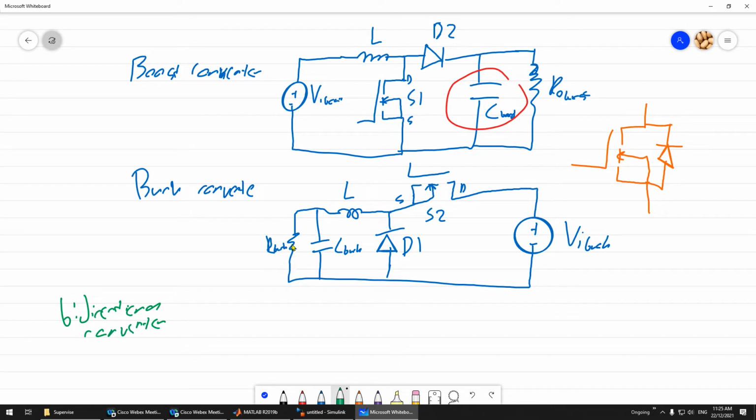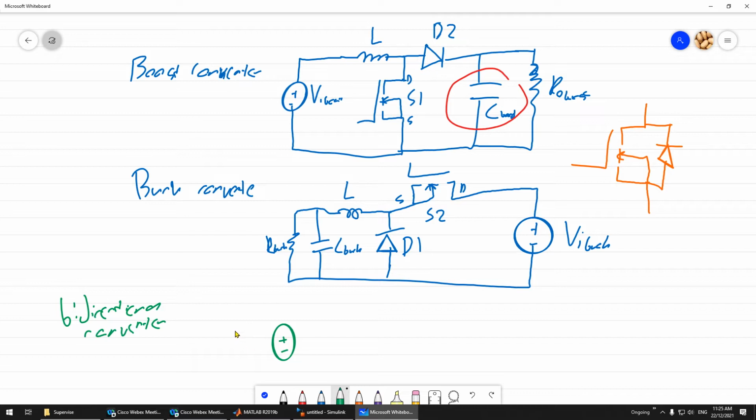You can use resistance, but when you do a bidirectional converter, you cannot supply the power. If you use a voltage source, you can either supply the power or generate the power. So that's why I suggest you use a voltage source. So we just take this one, take this one, take this one.